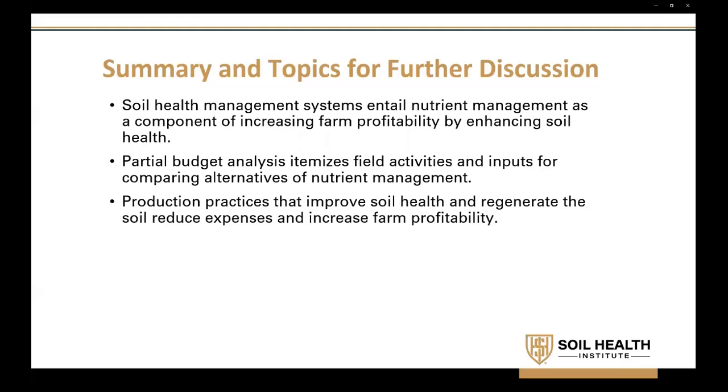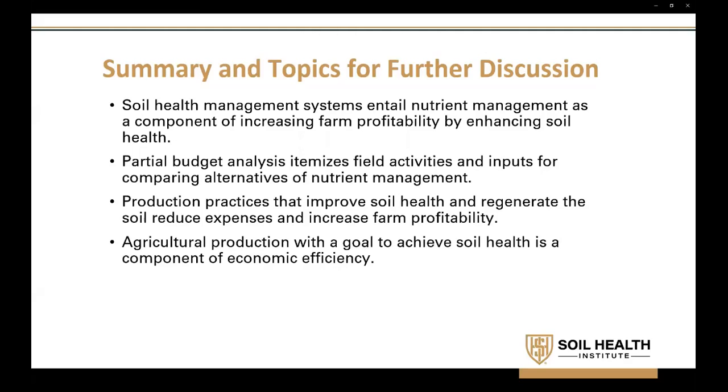Production practices that improve soil health and regenerate the soil reduce expenses and increase farm profitability. And then finally, agricultural production with the goal to achieve soil health is a component of economic efficiency.